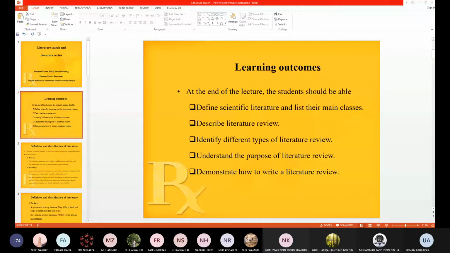Can you speak louder? Research study. Okay, research study, accepted. Another opinion or idea? Any other idea? Academic research. The academic research, okay.